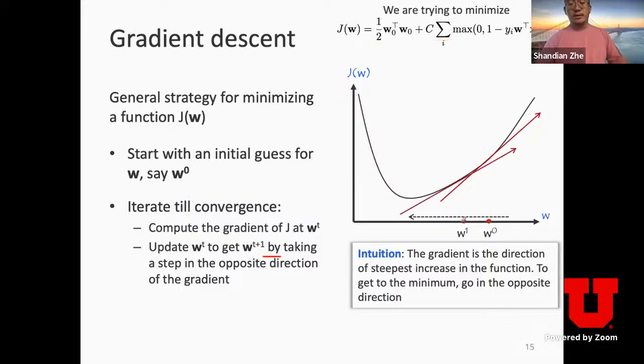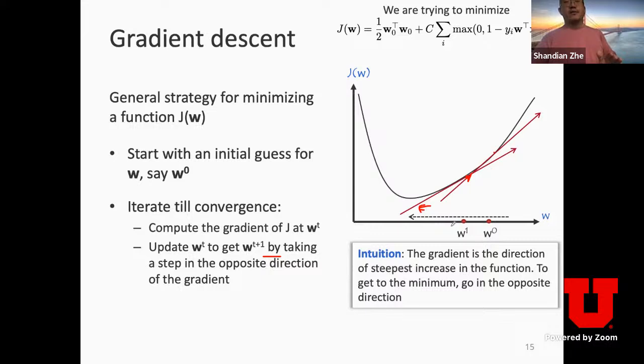Then you see that when we move to W1, you're actually decreasing the function value. W0 is here, and at W1 the function value is here. Then if you calculate the gradient again, you find that the gradient is positive. Remember, we're doing gradient descent, so we subtract the gradient multiplied by some factor, meaning you continue to move toward the left side.